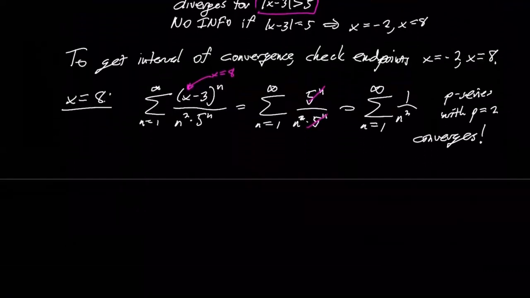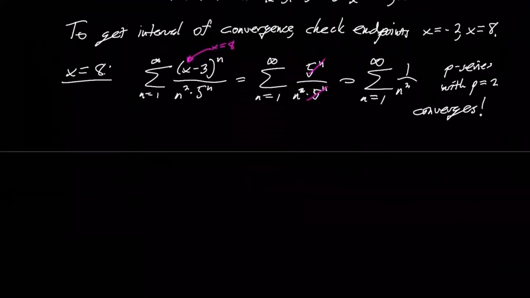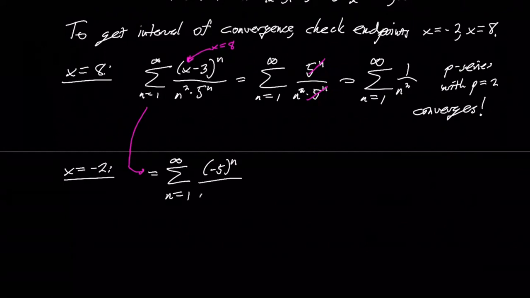What about the left endpoint when x is -2? Well, if I plug in x equals -2 up here, then we get -2 minus 3, so we'll get a -5. So we'll get -5 to the n over n squared times 5 to the n.